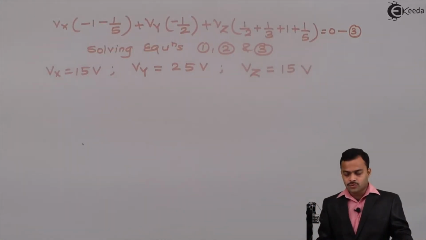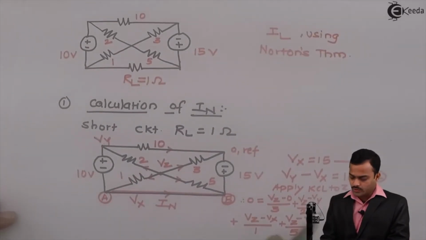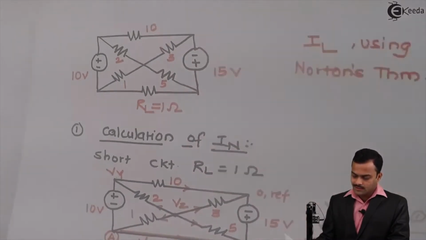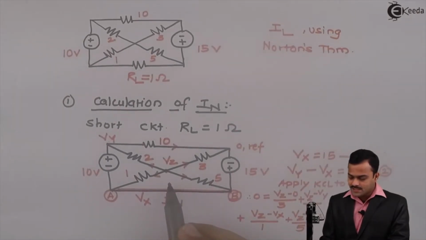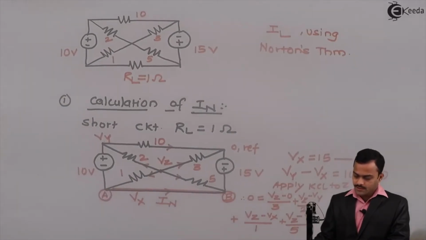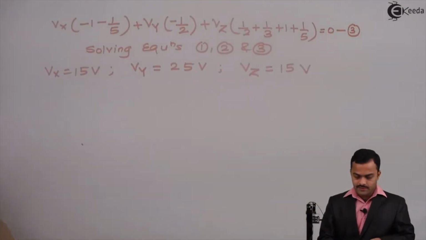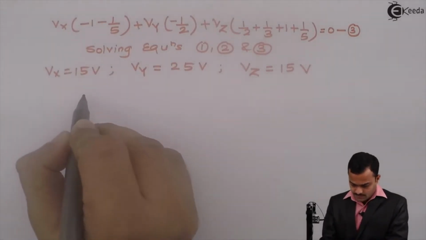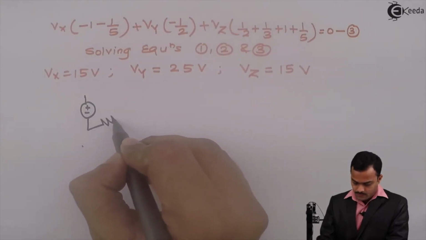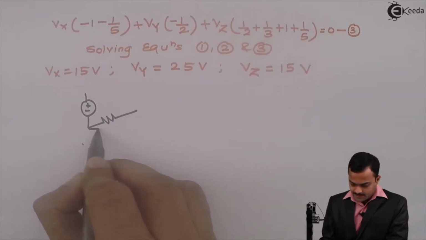Now how we are going to use Vx, Vy, Vz in order to get this current? So in order to get this current, I will draw one structure once again. So what is that structure? I am considering all the currents flowing through the branches which are meeting over here. So here if I consider, I will get one voltage source and one resistance, and this is the link.